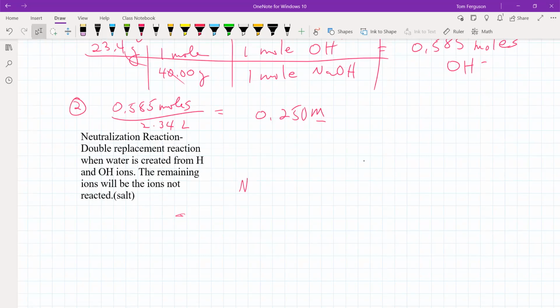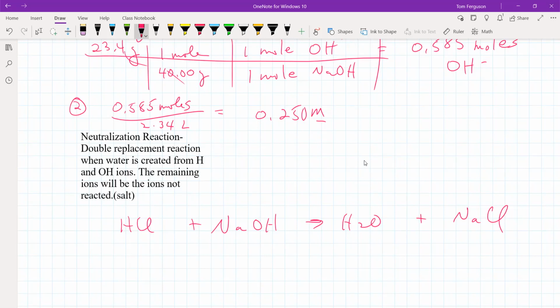Okay, so what's interesting about a neutralization reaction? Let's say we take hydrochloric acid and sodium hydroxide, throw it together, and you get a neutralization reaction.